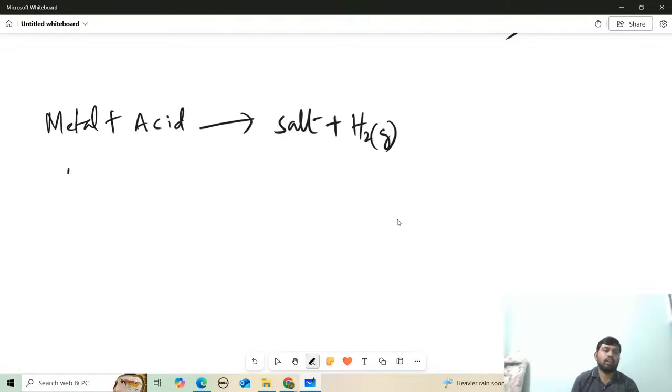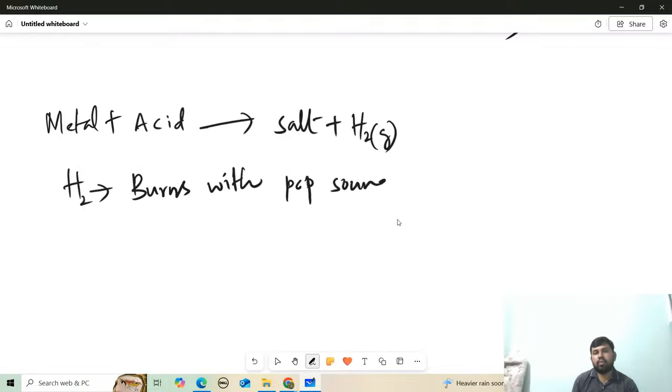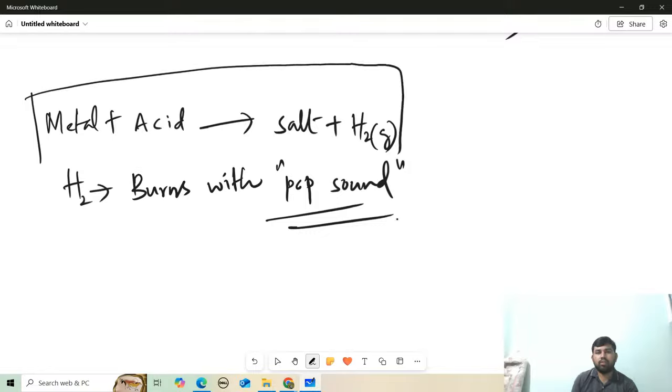How can we confirm hydrogen gas? It burns with a pop sound. So the pop sound test we can do for confirmation of hydrogen gas. Metal plus acid gives rise to salt and hydrogen gas.